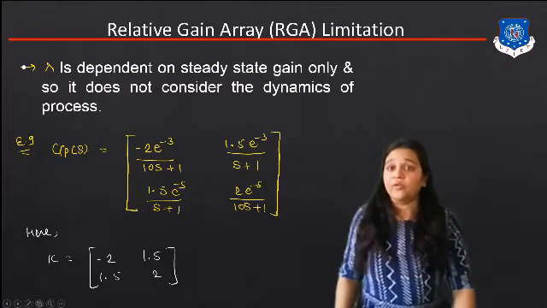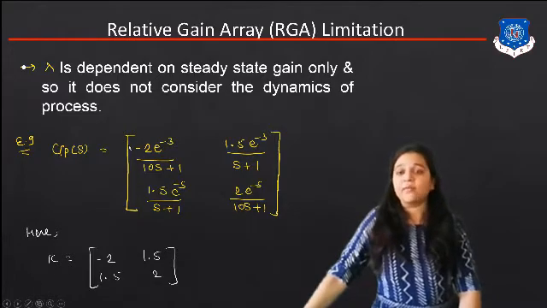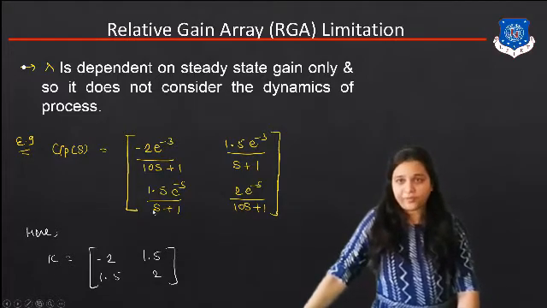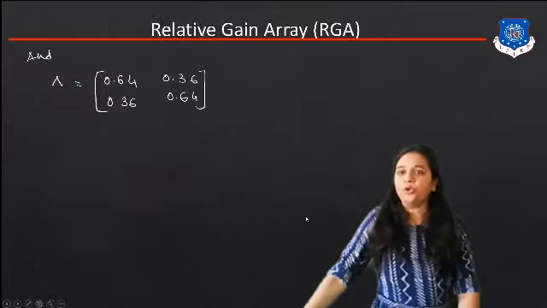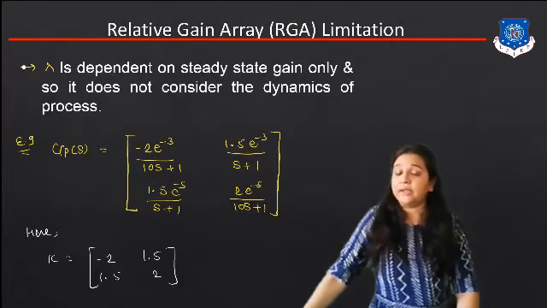Here, what is the steady state gain? We take the constant terms. So K is equal to minus 2, 1.5, 1.5 and 2. Now what is the relative gain array? We have to find the relative gain array using this equation.